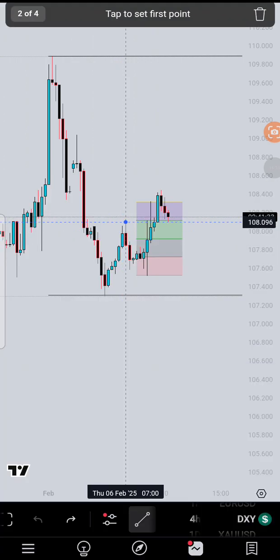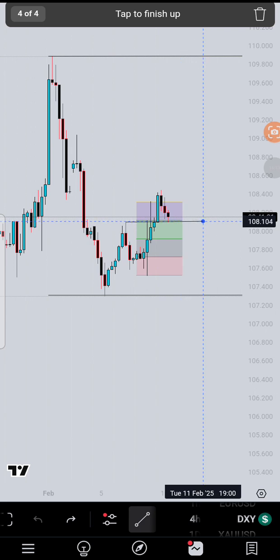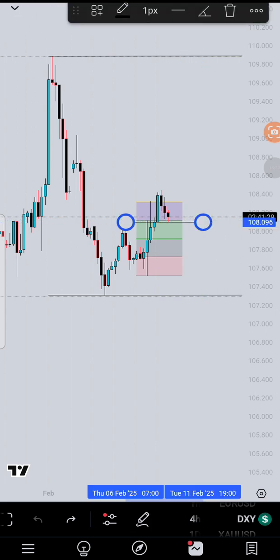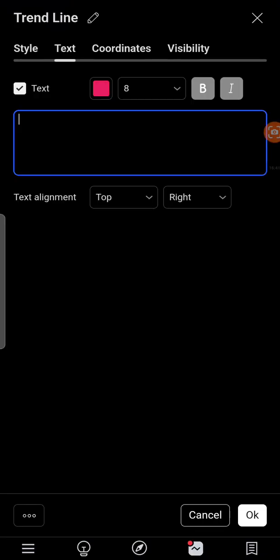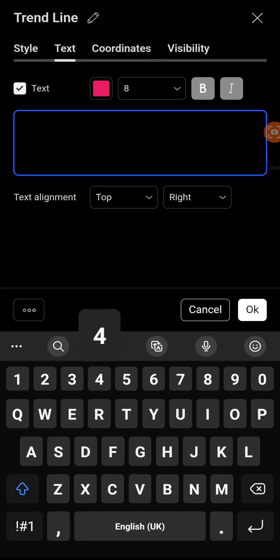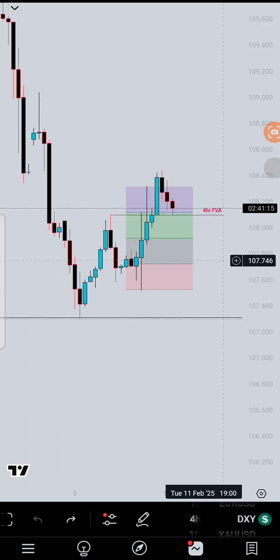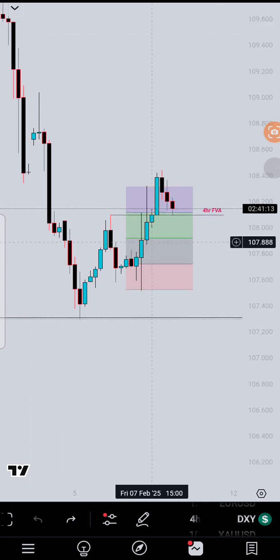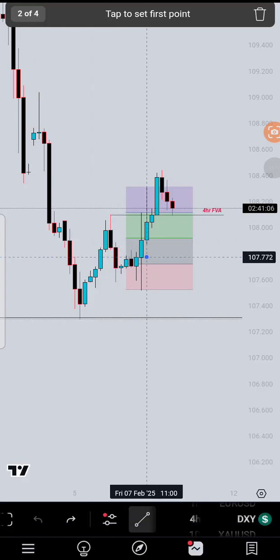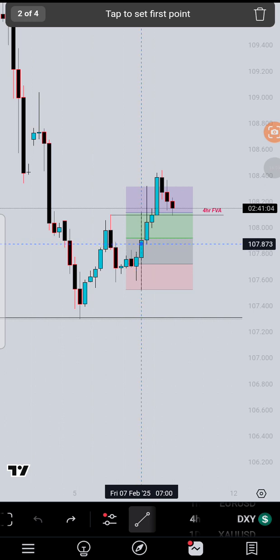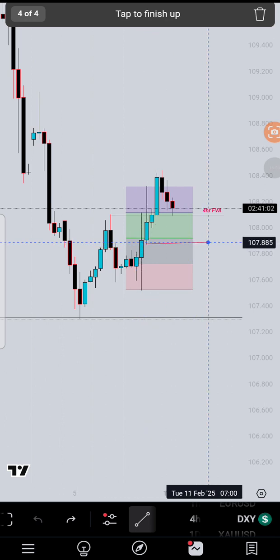Around this point in time we had the formation of that 4-hour fair value area, which now at this point in time we have reacted to. We have this fair value gap deeper, but is it likely that we might be coming for this fair value gap around this point in time?